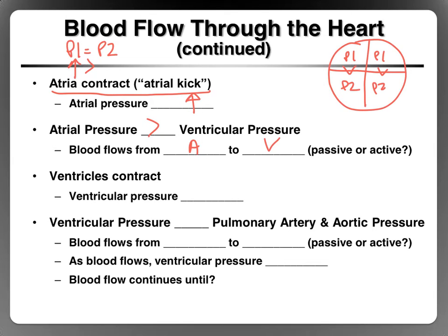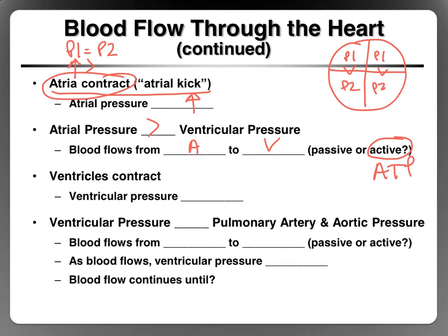This time, the pressure gradient was active. Okay, and what active means was that we had to use some energy to create a pressure gradient. And that energy was used to cause the atria to contract. So prior to this, all the blood flow occurred without the need for any type of contraction.